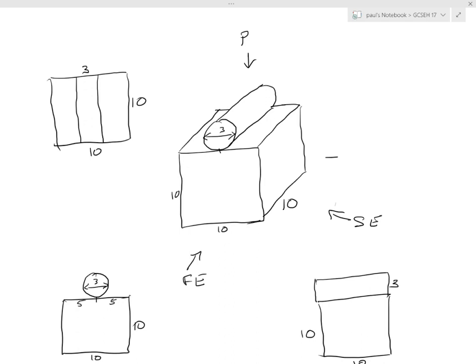If the whole width is 10, that's 7 left to share between those two bits, so that would be 3.5 and 3.5. Yeah, and then that would enable you to draw that all on squared paper. And that is the end of lesson 17.